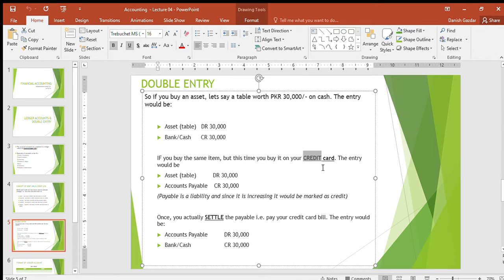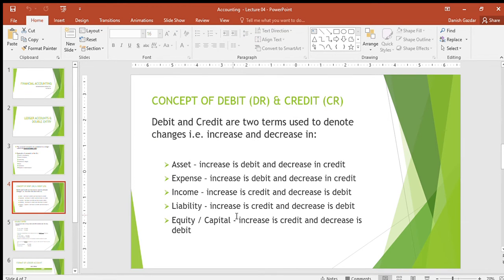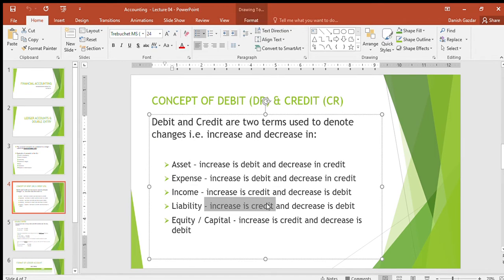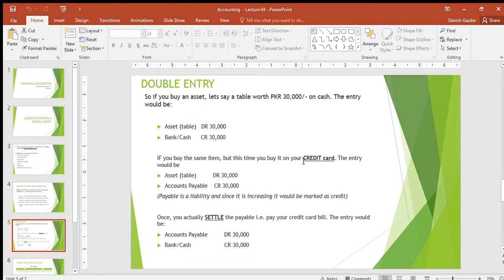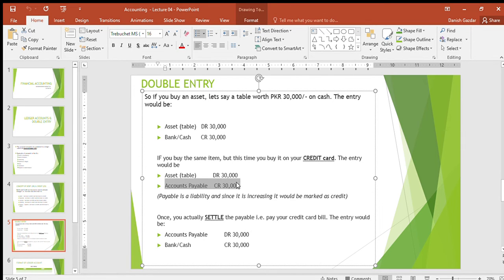So you are creating a liability, and a liability increase is noted as a credit, as we studied in the previous slide. So here the liability is increasing, so you would note it as accounts payable credit 30,000. You can write it whatever, it could be payable, it could be vendor payable, but of course this is a liability. Payable is a liability, and since it is increasing, it would be marked as a credit.